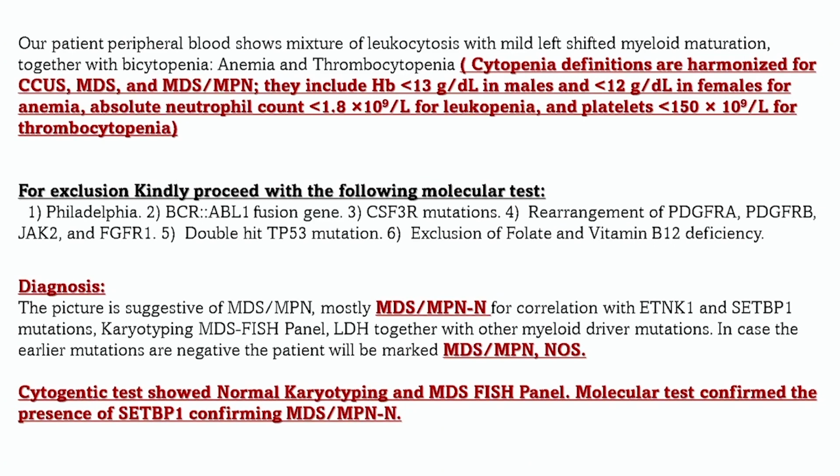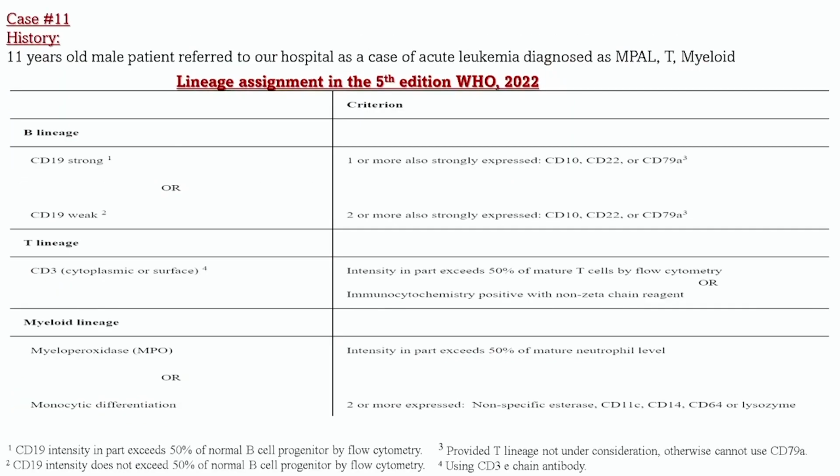Again, we added the cytopenia definition that I mentioned before. So this patient was MDS/MPN with neutrophilia. Thank God the workup came up confirming our diagnosis of MDS/MPN with neutrophilia rather than MDS/MPN not otherwise specified.